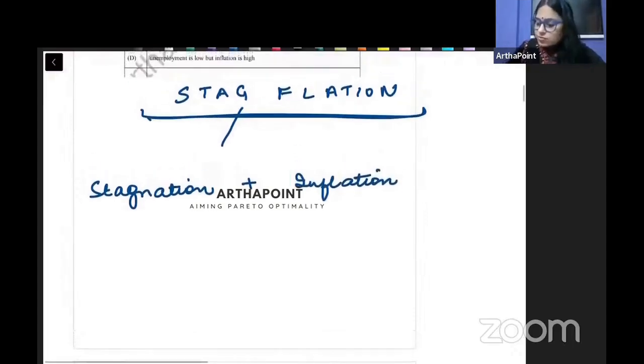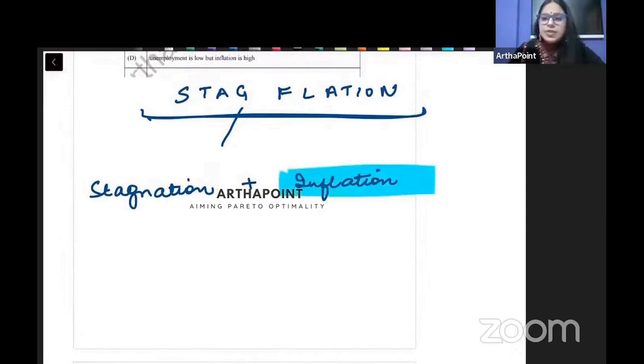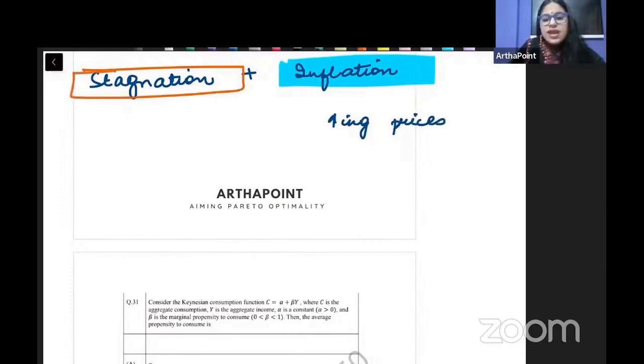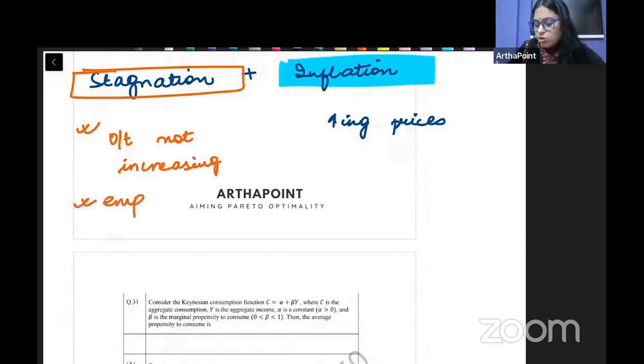What is inflation? Inflation क्या है? Inflation means increasing prices. But what is stagnation? Stagnation means output not increasing. Employment not increasing.